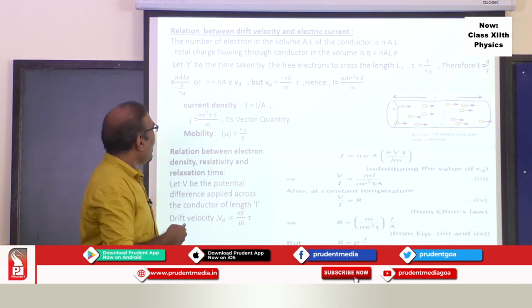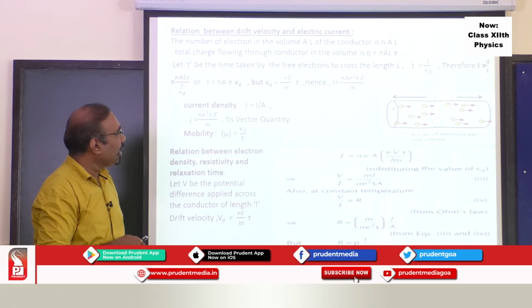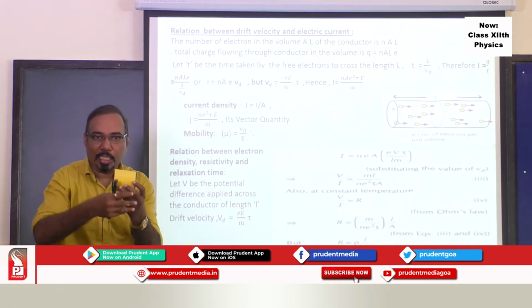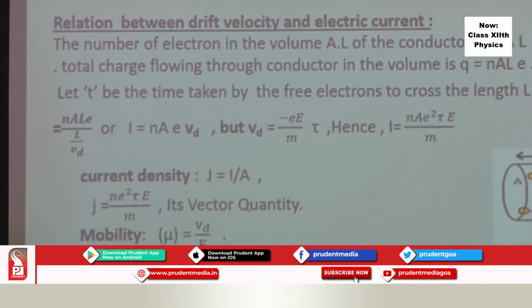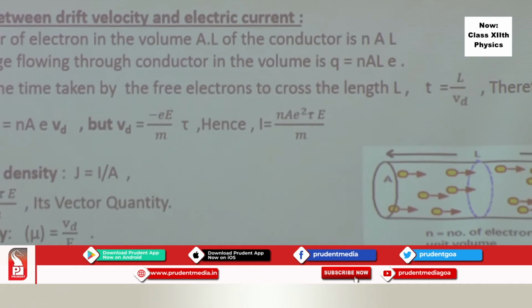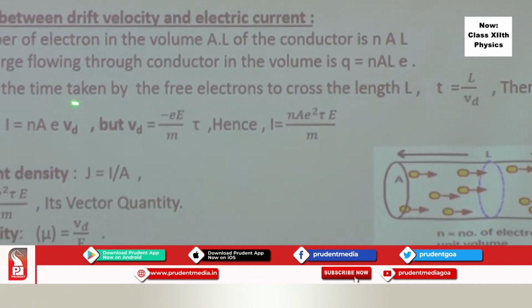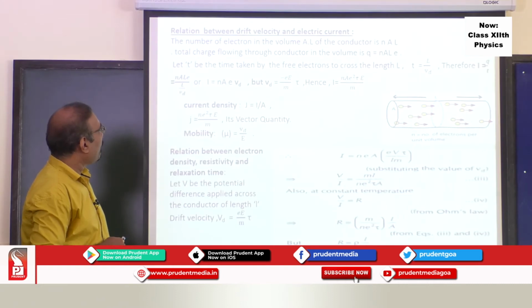Now, if I take the charge of the electron as e, then the total charge flowing through this conductor in time t seconds is nALe. We use the formula of current: current is equal to charge upon time, nALe upon time.